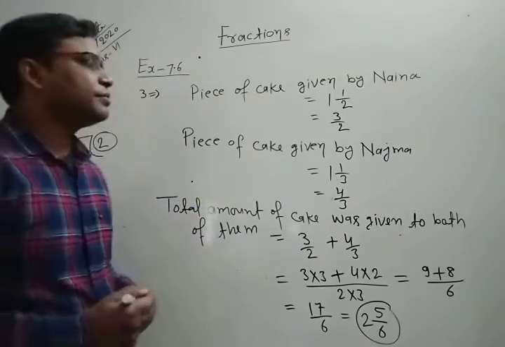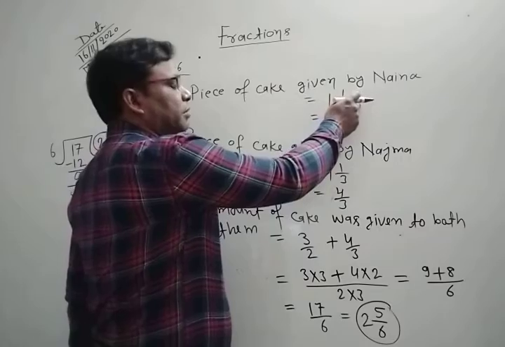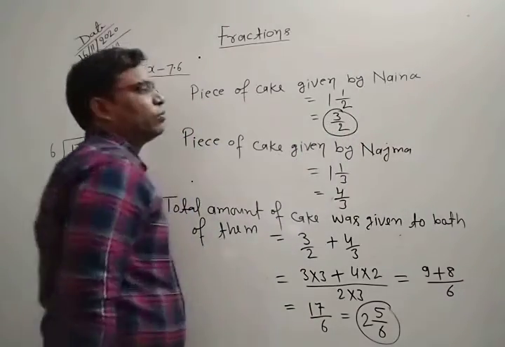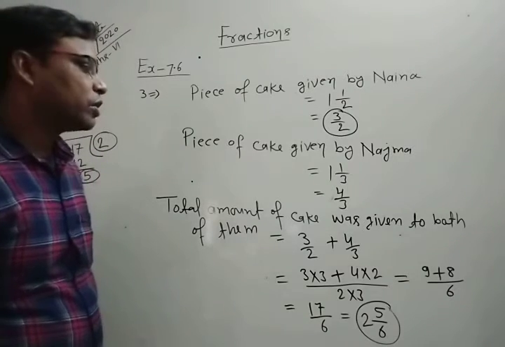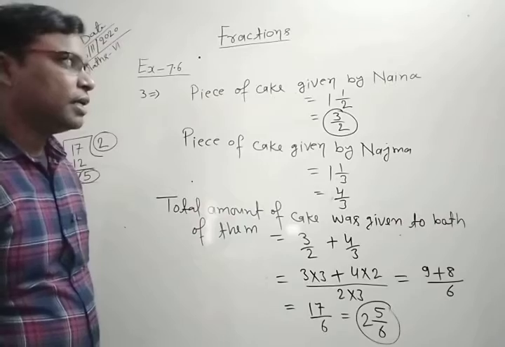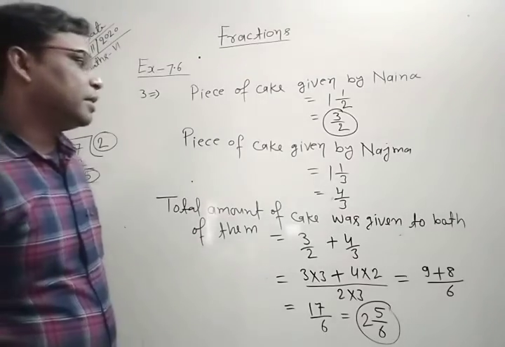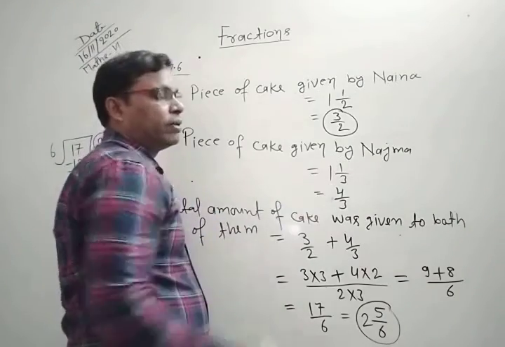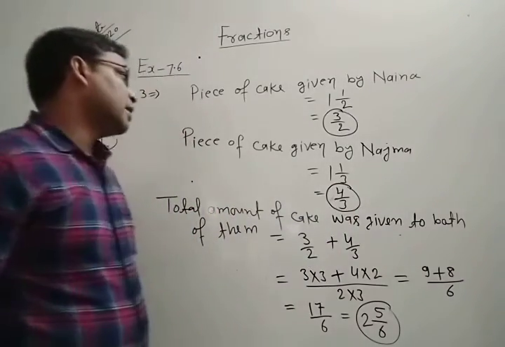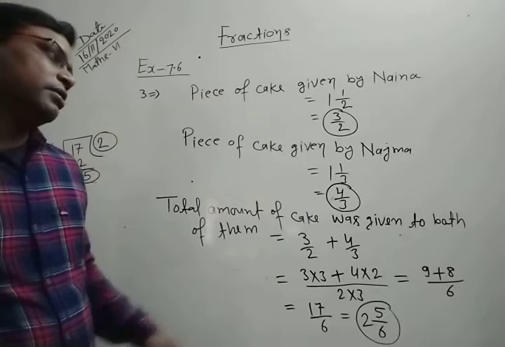So here you can see, if you convert 1 whole 1/2, it is equal to 3/2. This is the piece of cake given to Naina, 3/2. And if you convert 1 whole 1/3, you obtain 4/3. This is the piece of cake given to Najma, 4/3.